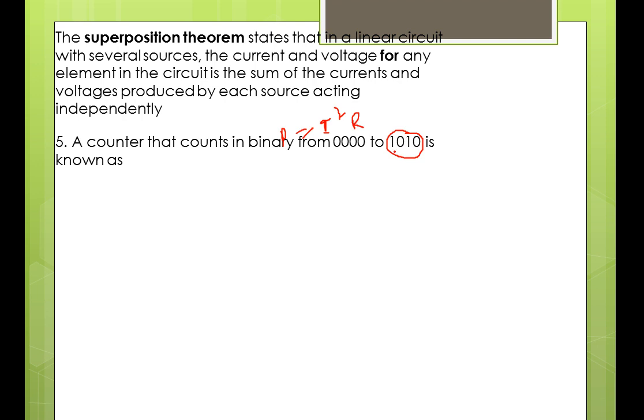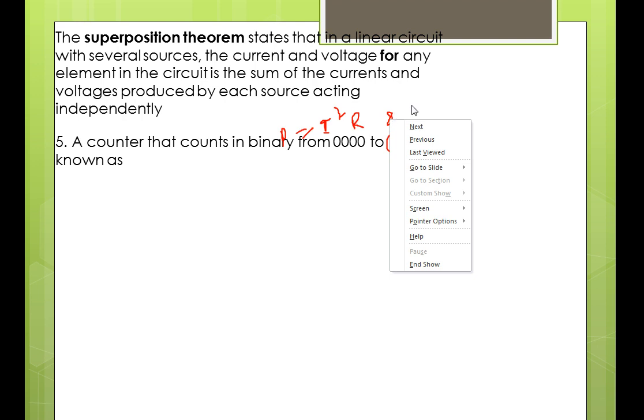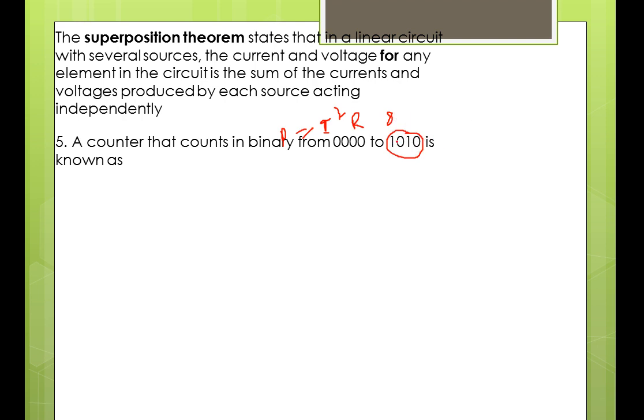Here 1 into 2 power 3 is 8, plus 0 into 2 power 2 is 0, plus 1 into 2 power 1 is 2, and 0 into 2 power 0 is 0.